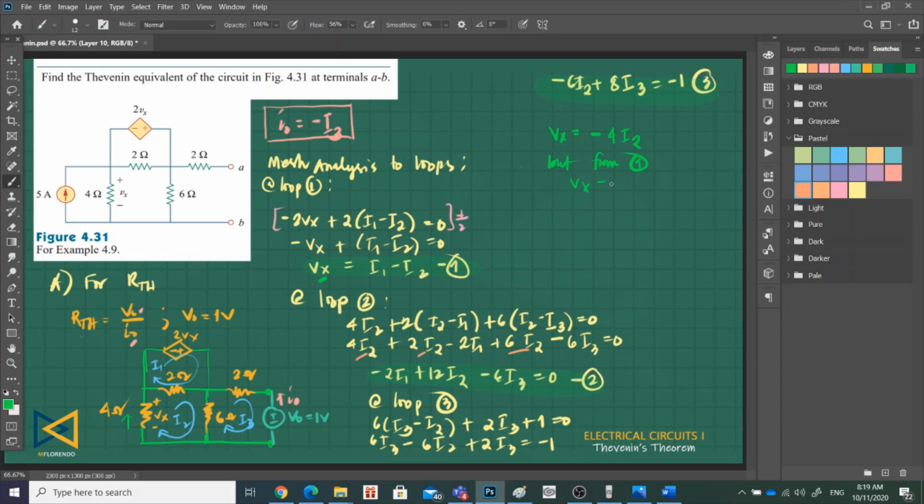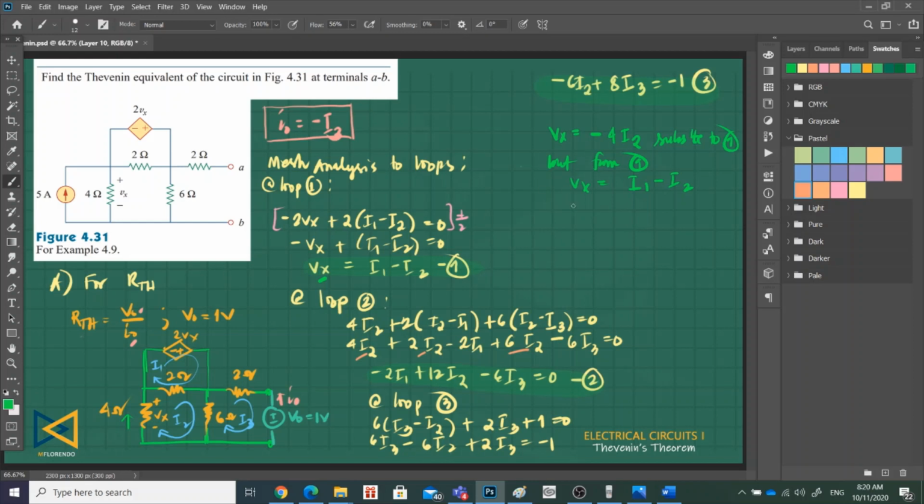V sub x is equal to I1 minus I2. Ayan. So, substitute natin ito to 1.